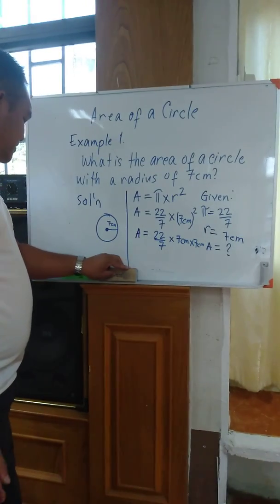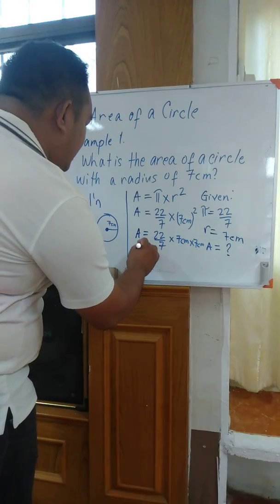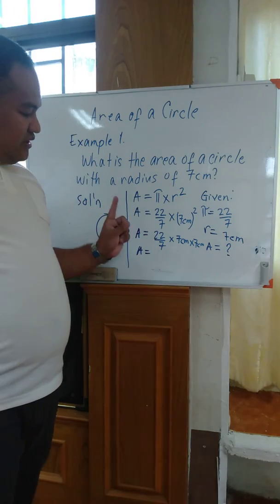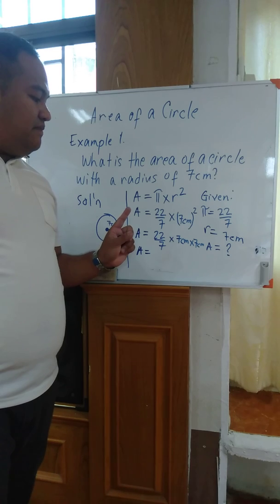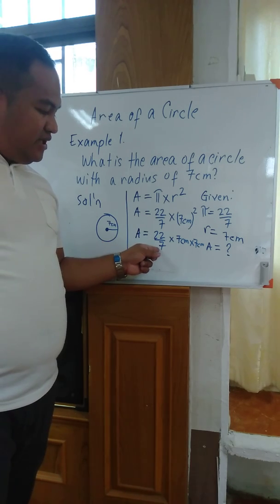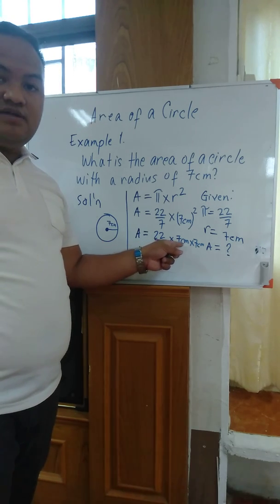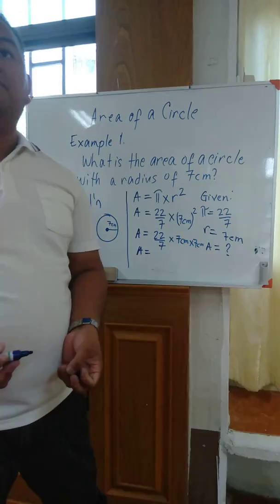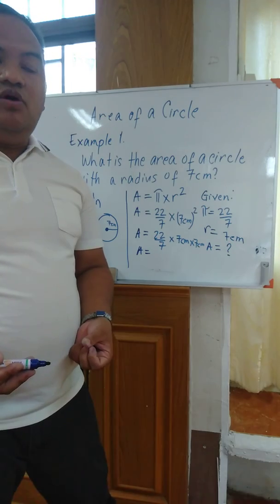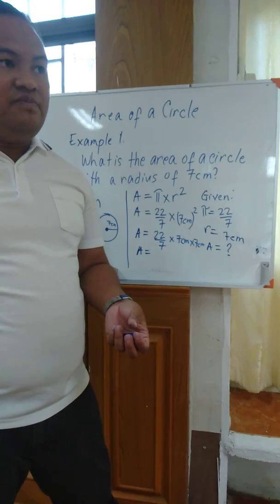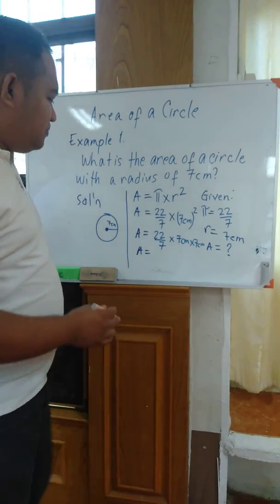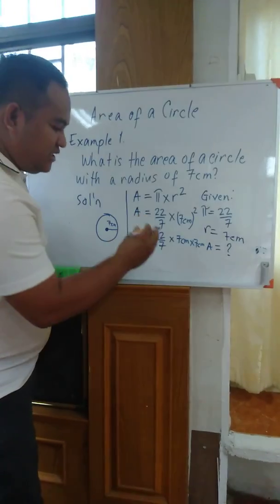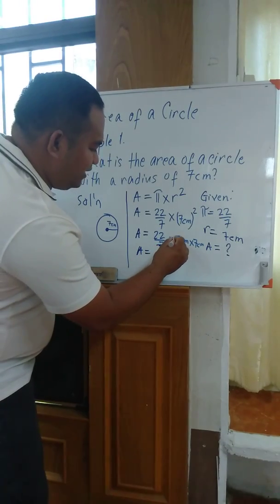Okay, let's further simplify. So, A is equal to, since you notice there is a 7 here and a 7 there, we can apply the law of cancellation of multiplication. Are you familiar with that? Okay, the law of cancellation of multiplication, all you have to do is just cancel this one.